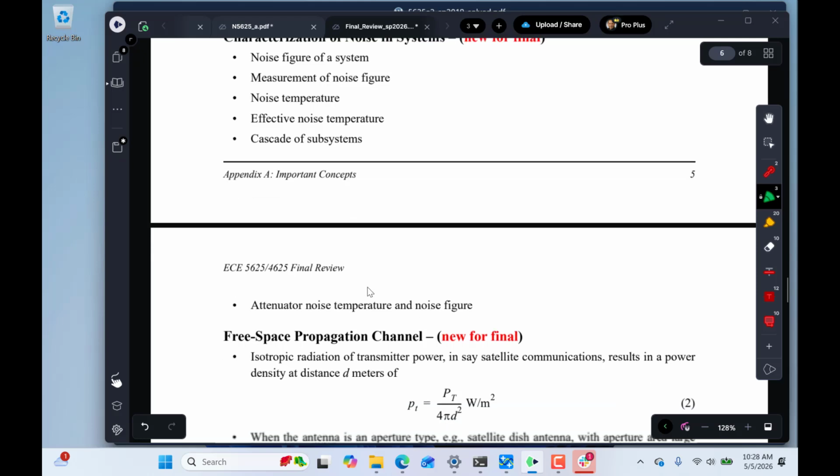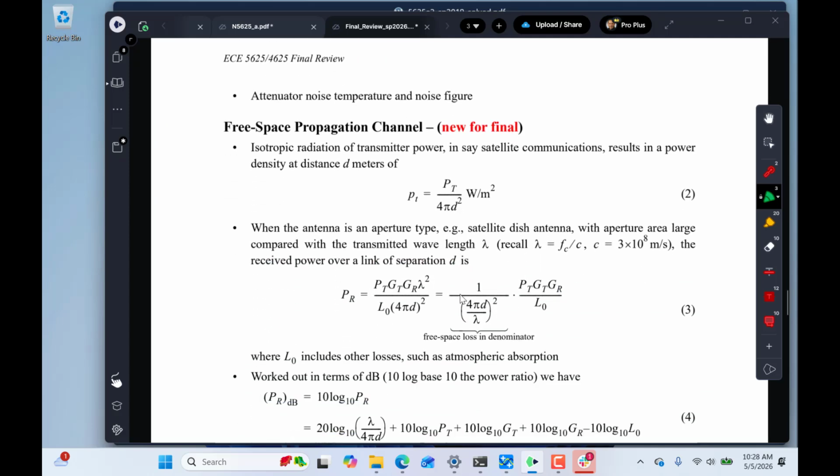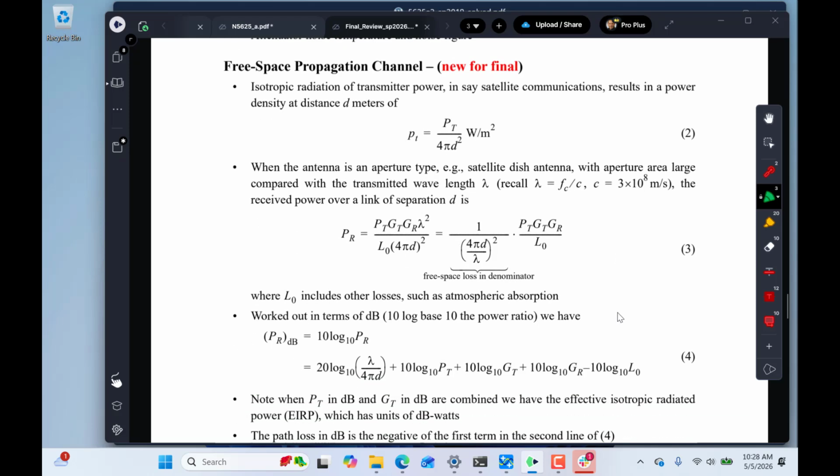The significance of attenuator noise temperature and how you may want to put a preamp in front of it so that you don't get hit by the noise figure of the attenuator, which is the attenuation value. Then the very last thing we did, which I wrote some more info on here to try to explain, the working in dB units, the isotropic radiator and the aperture antenna, and then working through the link budget and working through this equation in dB.